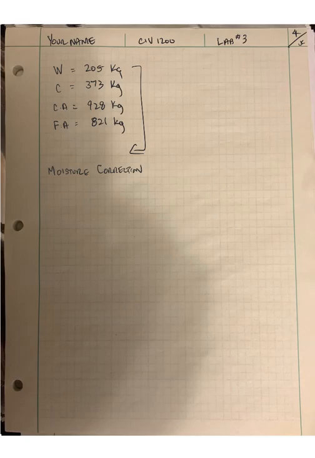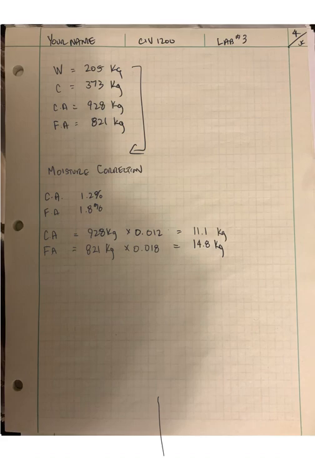The example that I'm going to give here is, with our water, cement, coarse aggregate, and fine aggregate, we need to find our moisture correction, which is 1.2% and 1.8%.